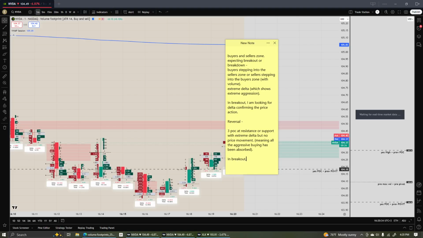Sorry, in reversal, I am looking for the delta to contradict the price action.